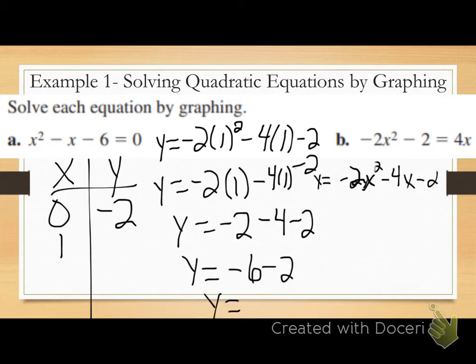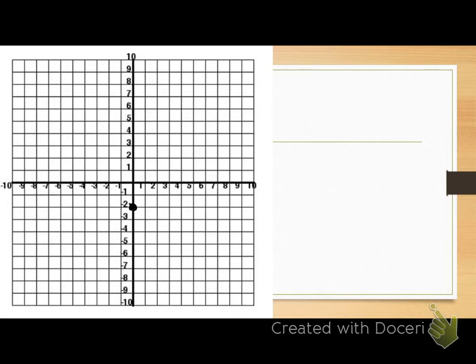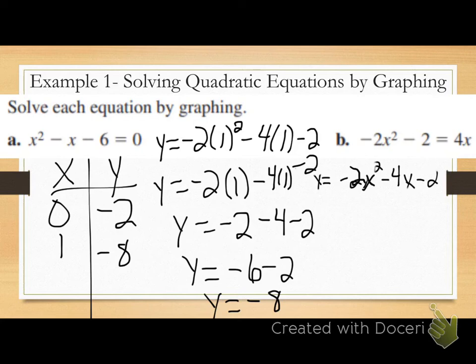Negative 6 minus 2 is negative 8. So I get 1, negative 8. Pretty simple. Plugging in 1.